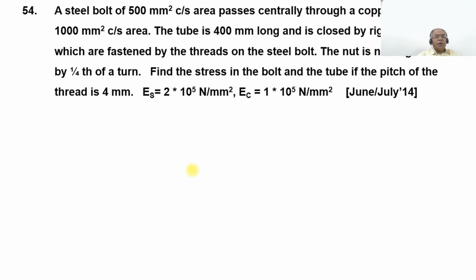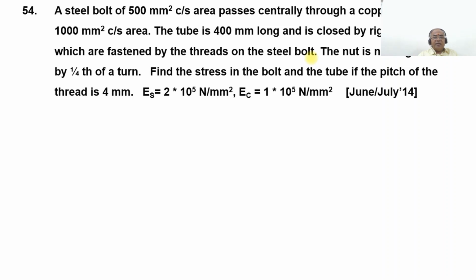Now, you're going to take up one more problem, problem number 54. A steel bolt of 500 mm square cross-sectional area passes centrally through a copper tube of 1000 mm square cross-sectional area. The tube is 400 mm long and is closed by rigid washers which are fastened by the threads on the steel bolt.